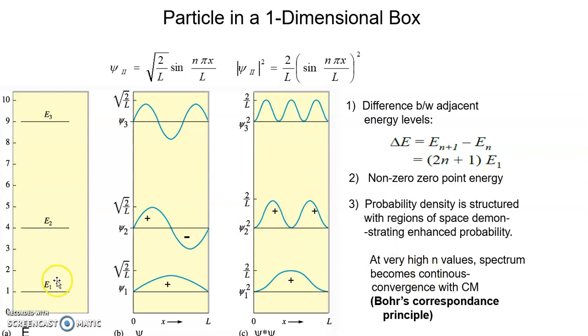So here you can see the differences, E1, E2, and then from E2 to E3 you see a big difference, here less difference. Here in psi 1, psi 2 also positive and negative both, but in the case of mod psi square, the probability of the electron is only positive.